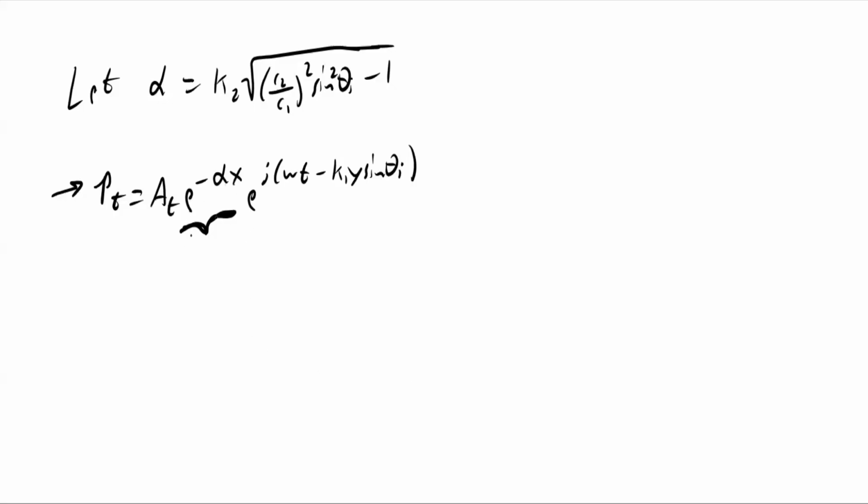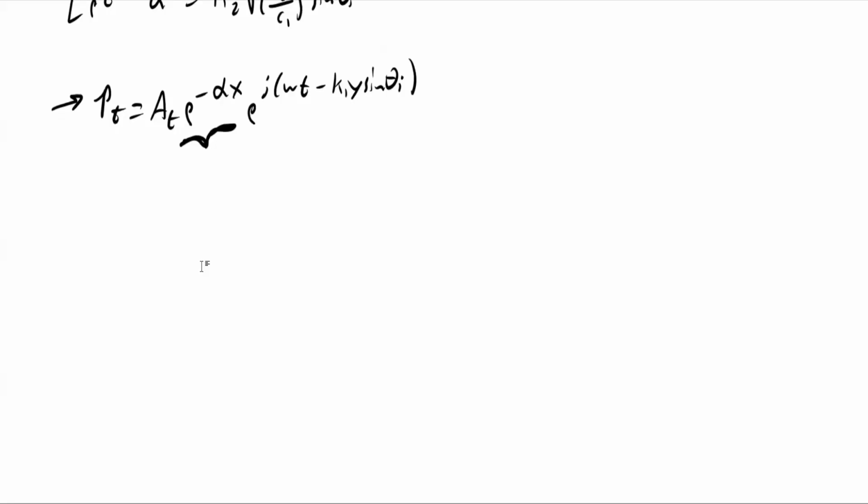So when we write it in this form, you can see that there's no time harmonic propagation into the second medium because there's no j, so there's no imaginary. So this, like I said, is just an exponential decay. Now, let's assume that our second medium is actually of finite thickness.